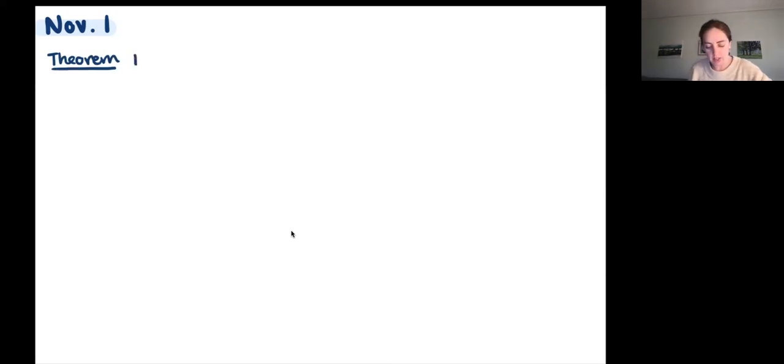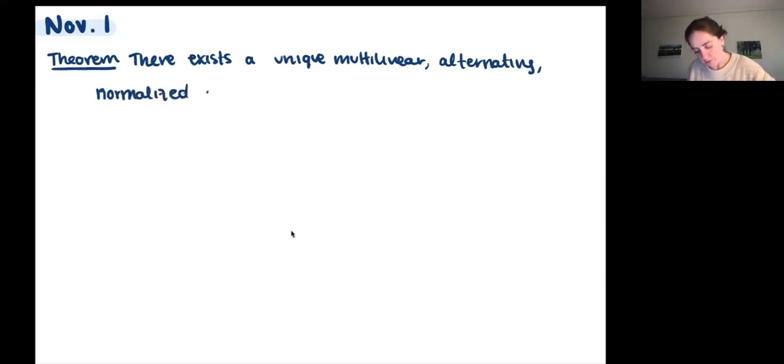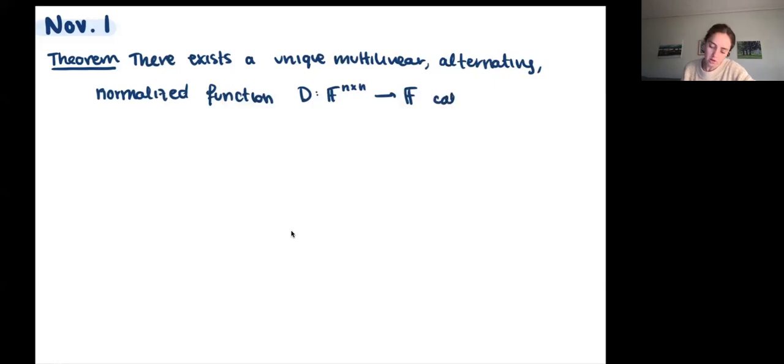We want to show that there exists a unique multilinear, alternating, and normalized function d from F to the n by n to F, called the determinant.